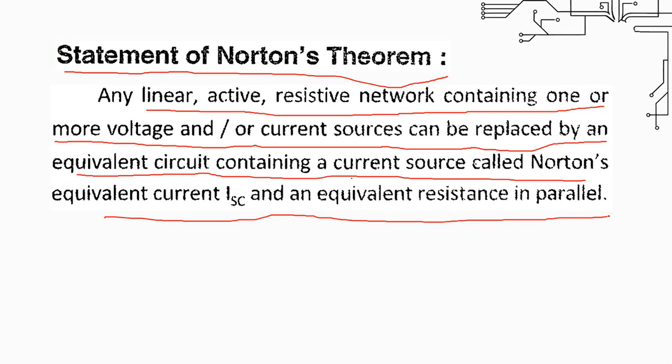So if you have learned the statement of Thevenin's theorem by heart, then you need not learn Norton's separately. Just replace the wording voltage source by current source and series resistance by parallel resistance. That will make the statement of Norton's theorem.